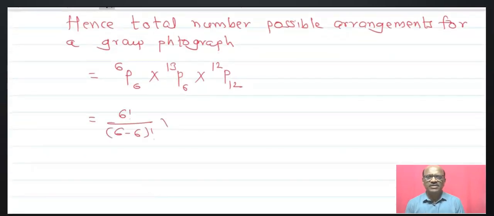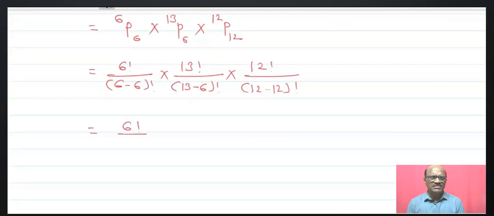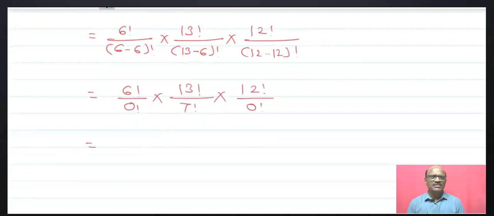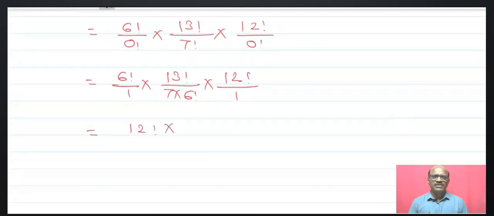And it can be written as 6 factorial upon 6 minus 6 factorial, 13 factorial upon 13 minus 6 factorial into 12 factorial upon 12 minus 12 factorial. That is 6 factorial upon 0 factorial, 13 factorial upon 7 factorial, 12 factorial upon 0 factorial. 0 factorial is always 1, but I am writing there always. And now we will simplify here, that is the 12 factorial into 13 factorial upon 7. This is the arrangement for the photograph.